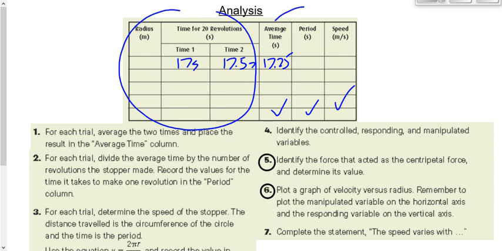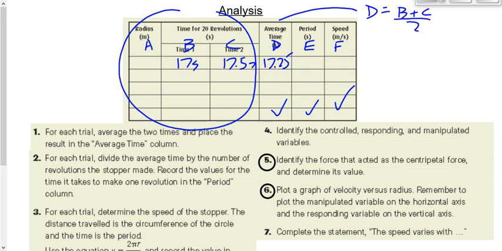Good? Let's label these columns A, B, C, D, E, and F. The average time would be B plus C divided by 2.